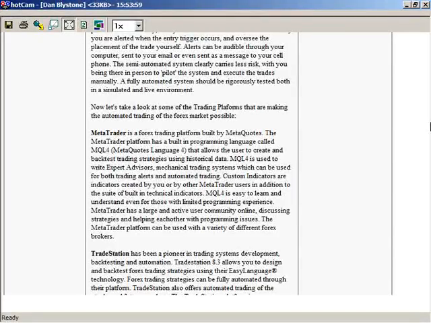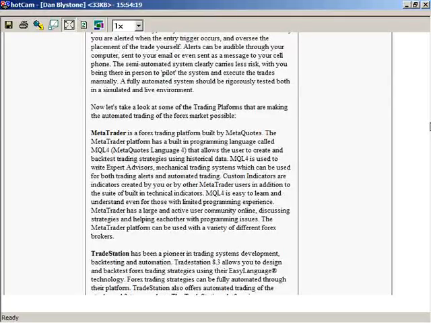Expert advisors are mechanical trading systems which can be used for both trading alerts and automated trading. Another term you're going to hear a lot is custom indicators. These are indicators created either by you or by other Metatrader users in addition to the suite of built-in technical indicators.